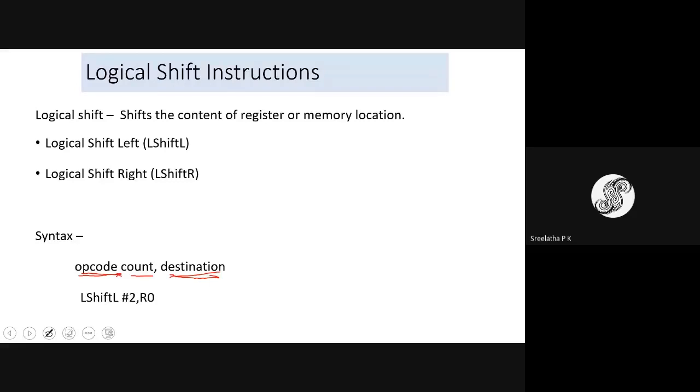Whenever there is a left shift, the bits move towards the left, the bits are shifted towards the left. When there is a right shift, the bits are shifted to the right. Fine. So we'll see the instructions one by one.